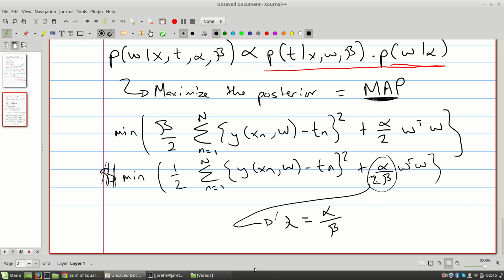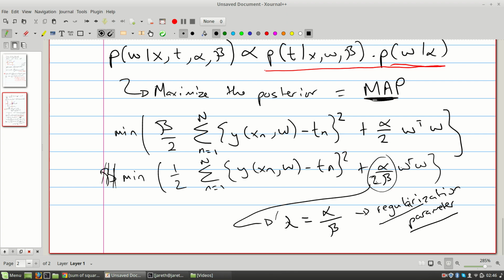We call this our regularization parameter.